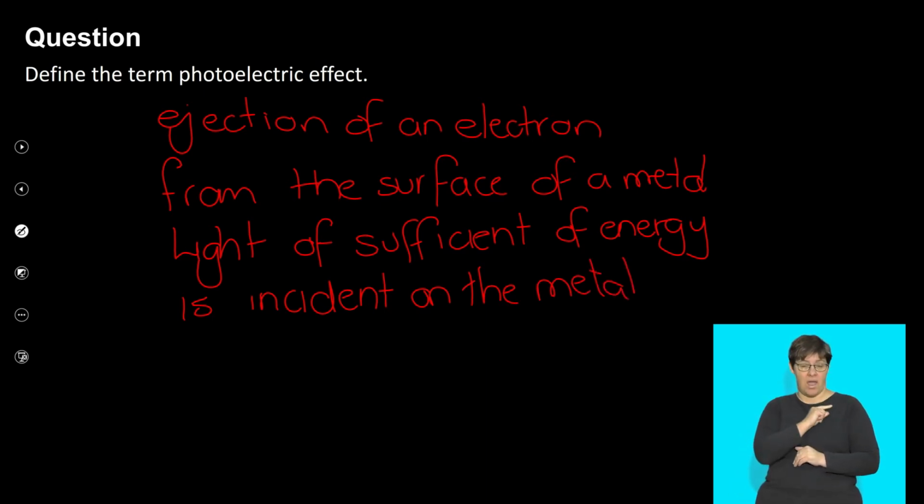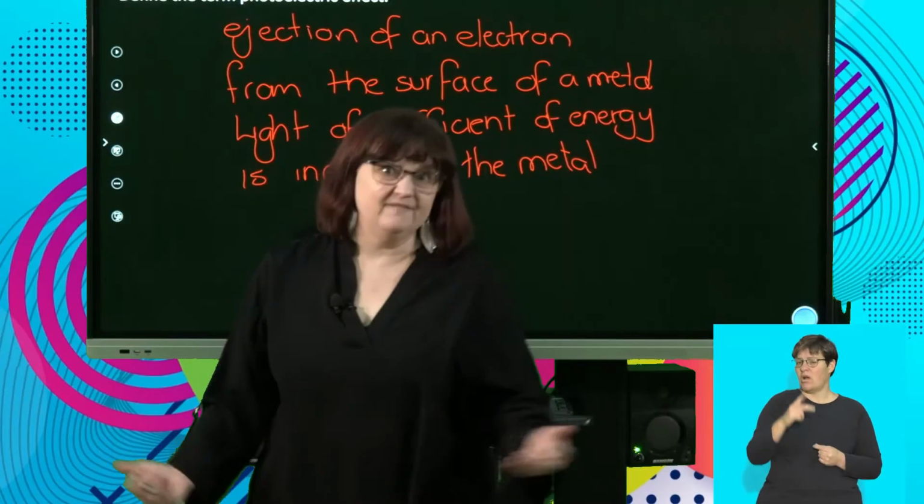Now, straight away, because they've asked about the photoelectric effect, I pretty much know what the question's going to be on. Okay, it's going to be on the photoelectric effect.